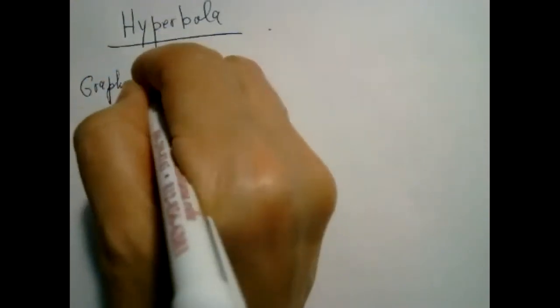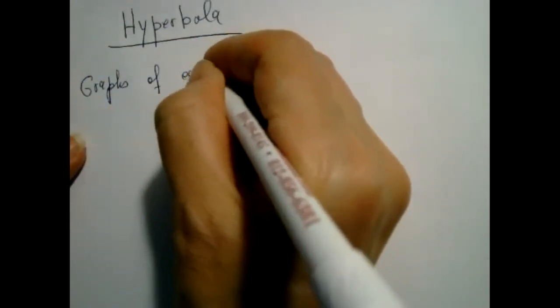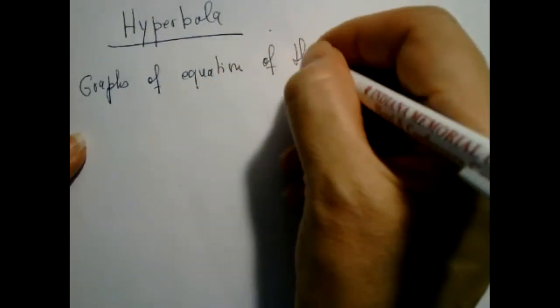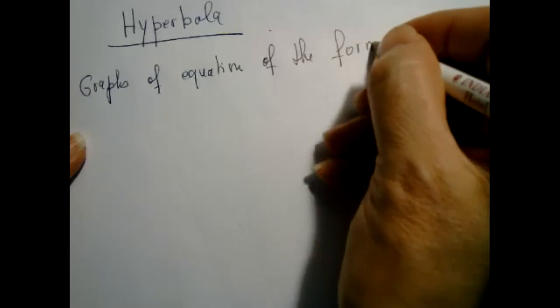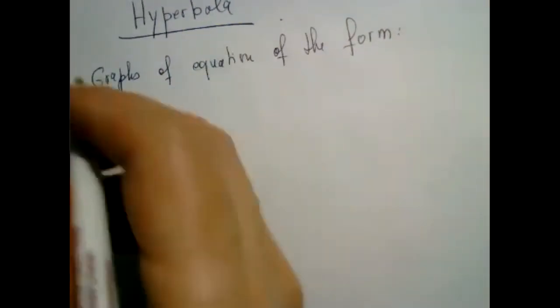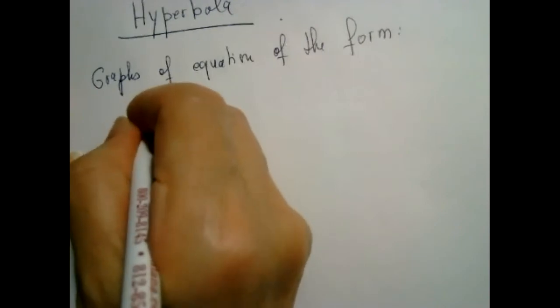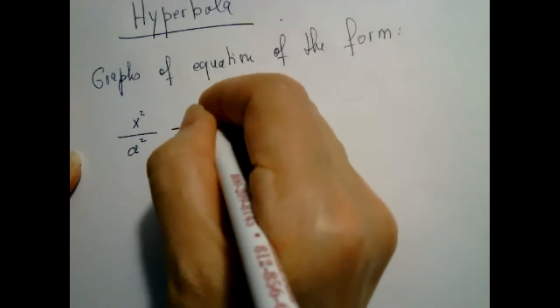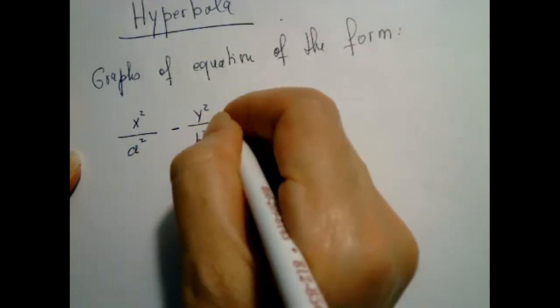Hyperbolas are the graphs of equations that have the following form: x squared over a squared minus y squared over b squared equal to 1.